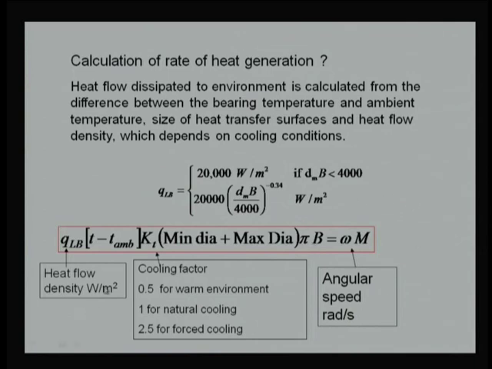So we will use this relation to find out the operating temperature, this T. If the operating temperature rise is within a few degrees, we do not have to worry too much.